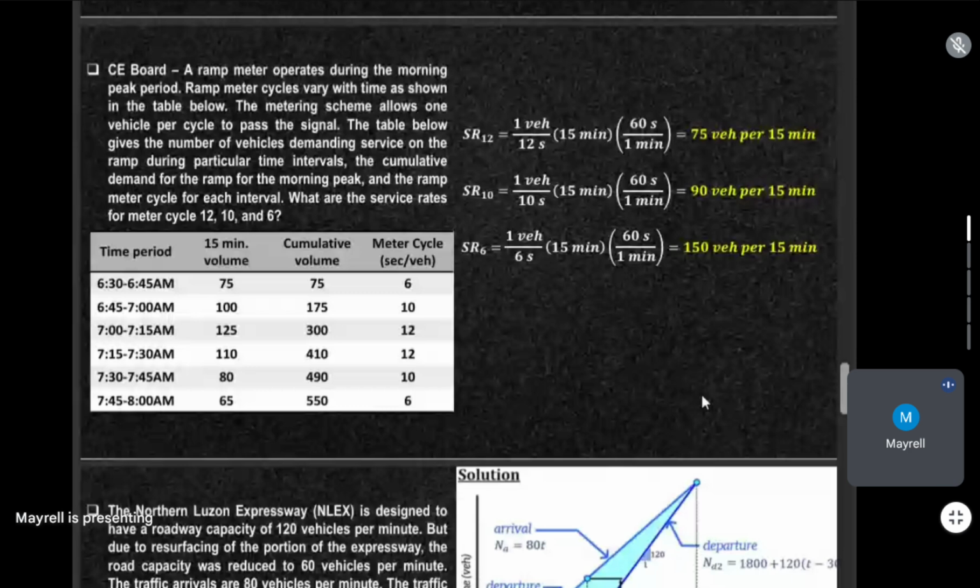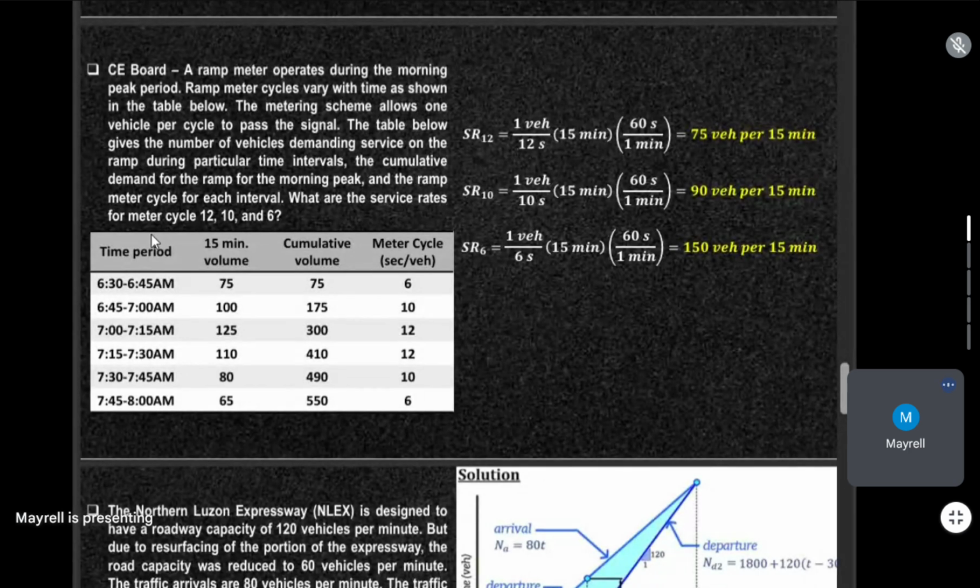So you have given time periods every 15 minutes. That's 6:30 to 6:45 a.m., 6:45 to 7 a.m., 7 to 7:15 a.m., 7:15 to 7:30 a.m., 7:30 to 7:45, 7:45 to 8 a.m.